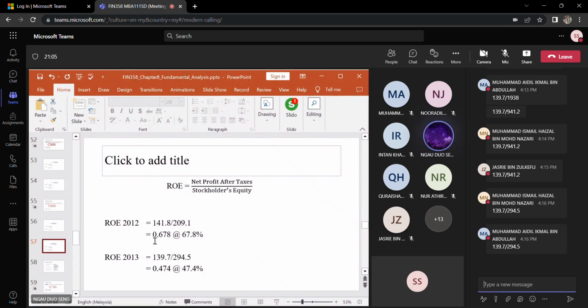All right, so we check here. We have 139.7 divide 294.5. Right, so we have 47.4% compared with 2012. So 67 higher. So we said year 2012 better, right, as compared to year 2013.